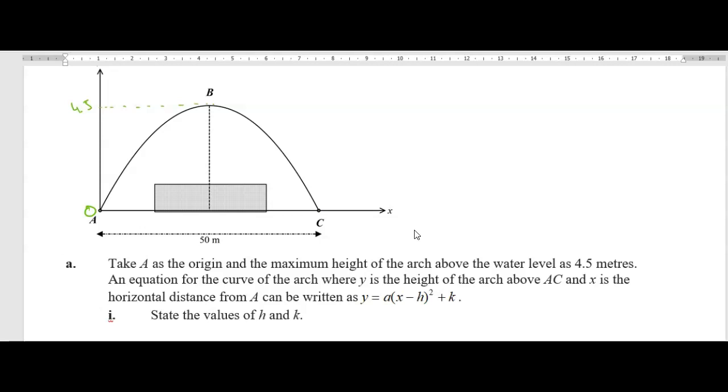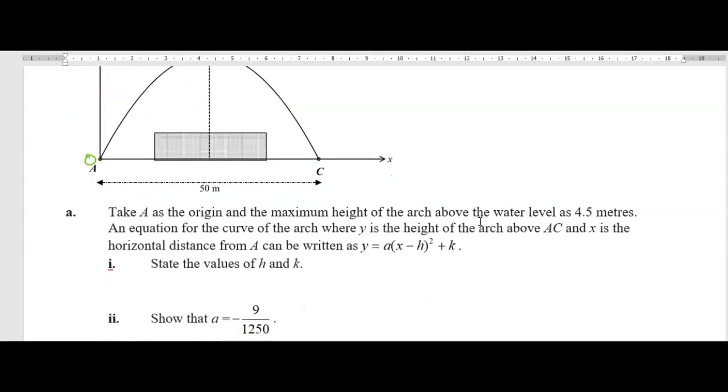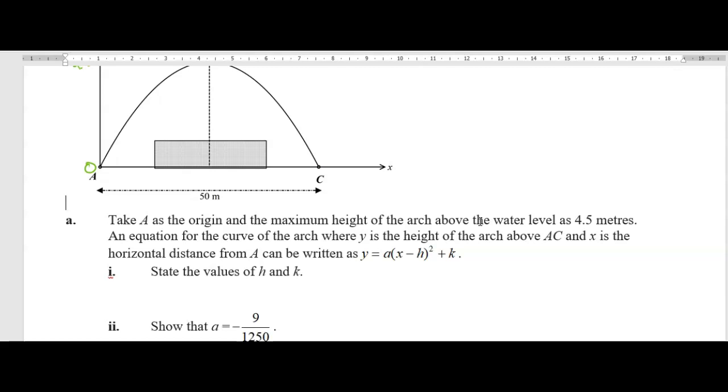An equation for the curve of the arch, where y is the height of the arch above AC and x is the horizontal distance from A, can be written as y equals, so this is your turning point form. State the values of h and k. So x is the horizontal distance from A, so that changes because x is a variable. Remember, h and k are your turning point.